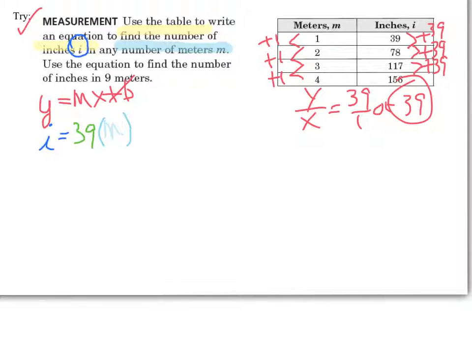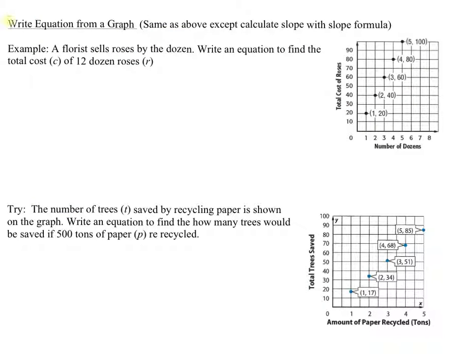We will not be using the y-intercept or b in the remainder of these examples, so it is 0. So the total number of inches, or I, equals 39 times the number of meters we're putting in, which is 9. So the final answer for the total number of inches in 9 meters is actually 351 inches. Right there.